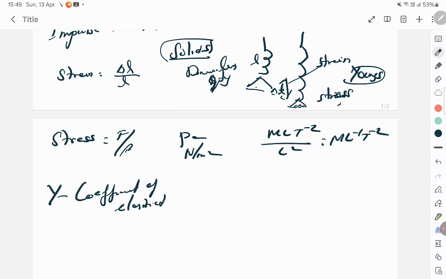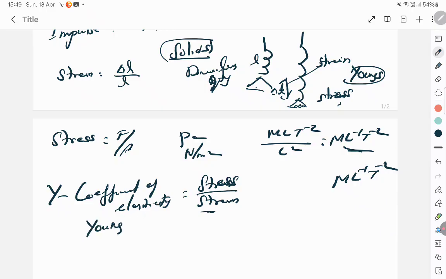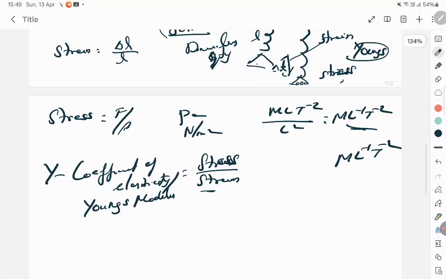Every metal in this world is elastic. It's nothing but the ratio of stress by strain. You know, strain is dimensionless, so only stress will carry the dimension, and the dimension is the same here also: M L to the power minus 1, T to the power minus 2. It's known as coefficient of elasticity, or Young's modulus. Any name you can give. Okay, so this is about solids.